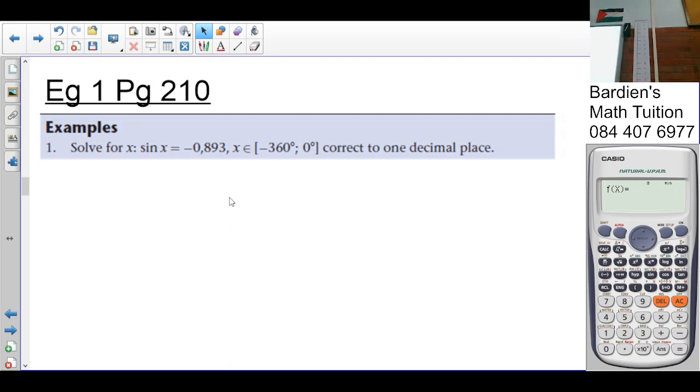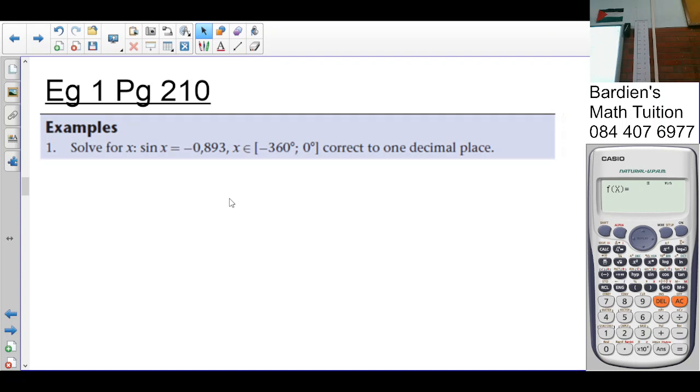The question says: solve for x, sine of x equal to negative 0,893, where x is an element of negative 360 to 0, correct to 1 decimal place.